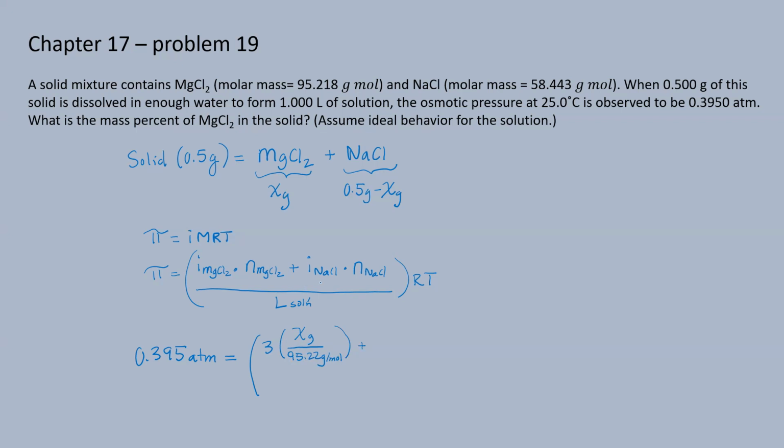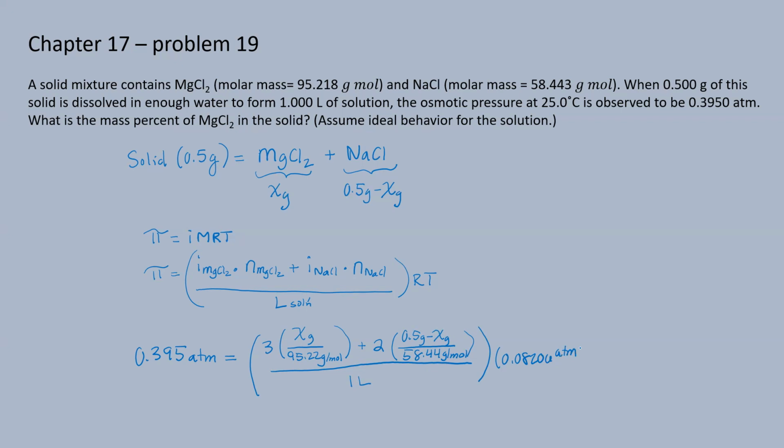Then the i for NaCl is 2. Its mass is 0.5 grams minus X grams. And its molar mass is 58.44. And then all of that over 1 liter times R.